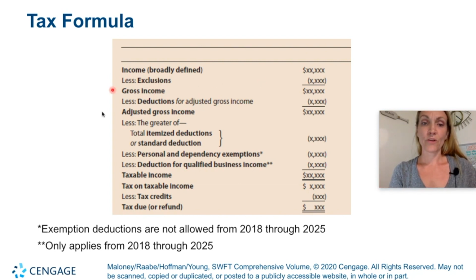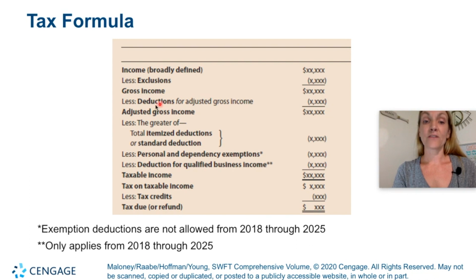So we're talking about a formula like this, this plus this equals this, but this is also going to be on the form. Our beginning is income broadly defined minus exclusions. Those are specific income items, or income that we receive in value, maybe not cash specifically, that we are allowed to exclude from being taxed, and then that brings us to gross income for taxes.